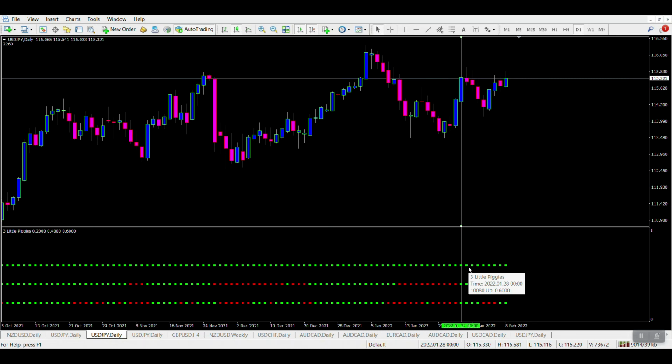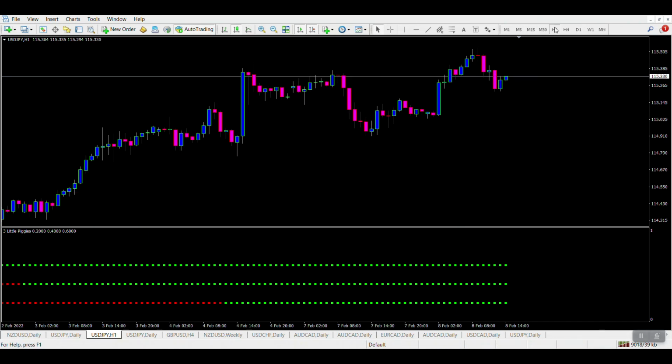And all that's doing is just setting where these squares are. So this row here is the weekly. This row here is the daily. This row here is the 240. So if you want to drop down to the hour, you can see they are all green. Maybe you would want to buy there. He doesn't say buy on every brand spanking new signal. Now, if they'd all been green there, of course, you can't buy till here. You know how that works.